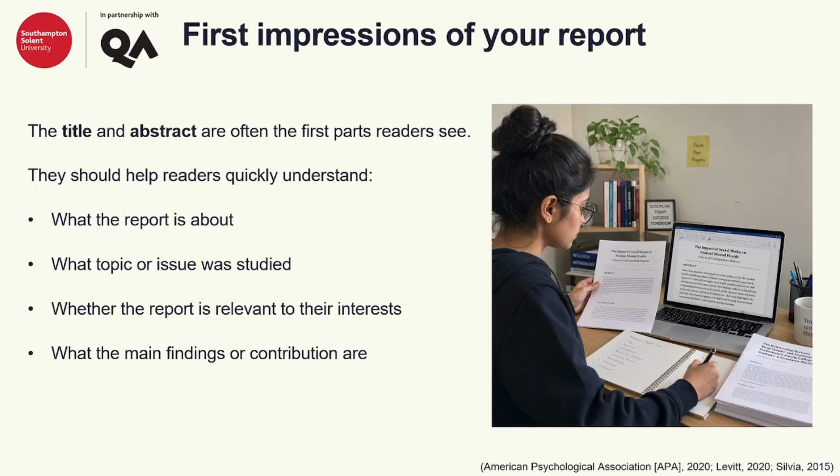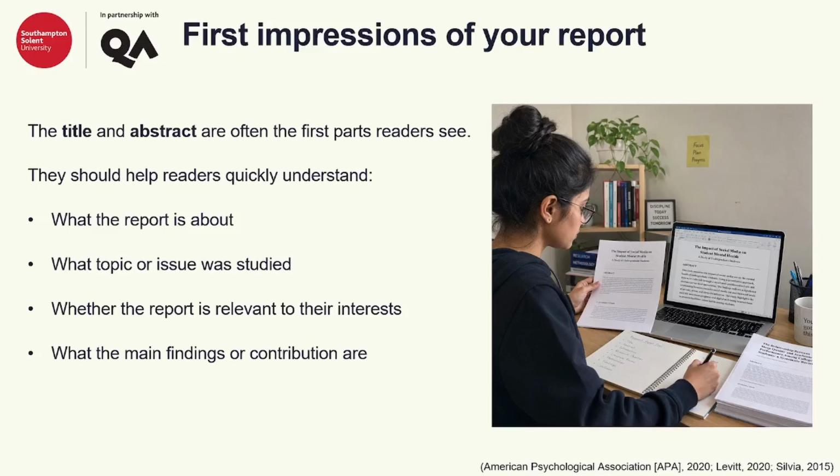This is important because readers often use a title and abstract to decide whether they want to continue reading. Researchers also use titles and abstracts when searching academic databases. A vague title or incomplete abstract may make a relevant study difficult to identify, even when the research itself is valuable.